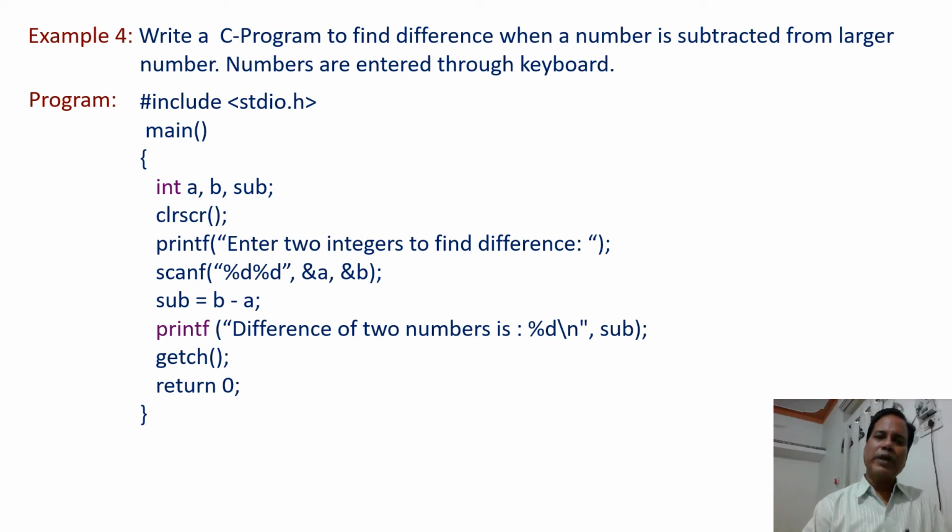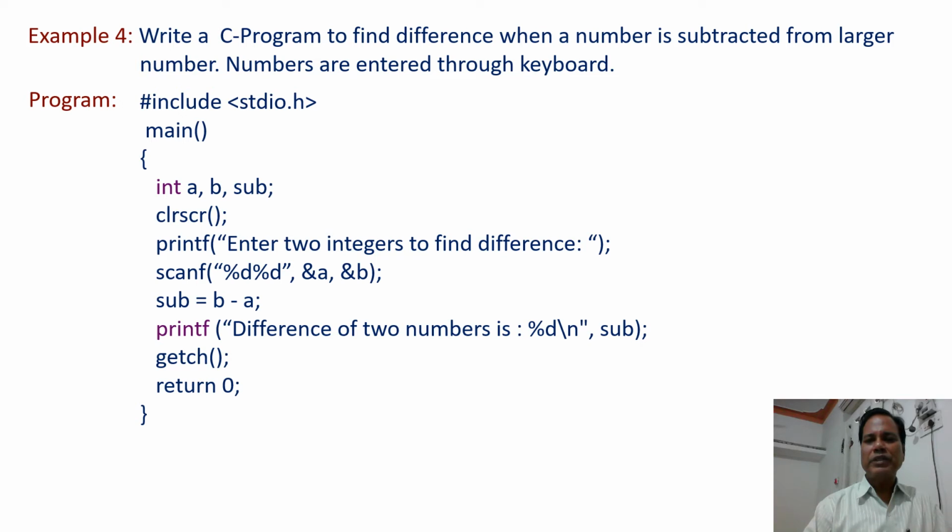But before using this scanf function, we have to print a message on the output screen about what is expected from us. So printf together with scanf is included. Printf: enter two integers to find difference. This message is printed on the output screen when the program is executed.